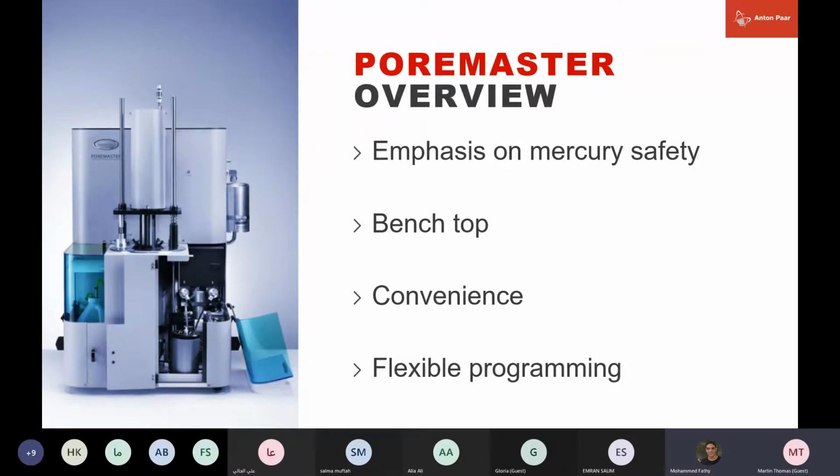It is a benchtop device, so we're talking about benchtop mercury porosimetry. So when I say benchtop, it can be on an open bench so long as you take sufficient care, and I'll go over that in the mercury safety. I'll go over some of the convenience features and the flexible programming in a short software demonstration as well.